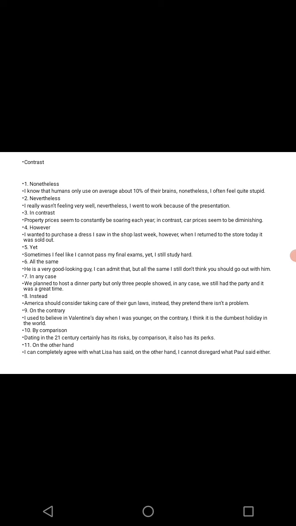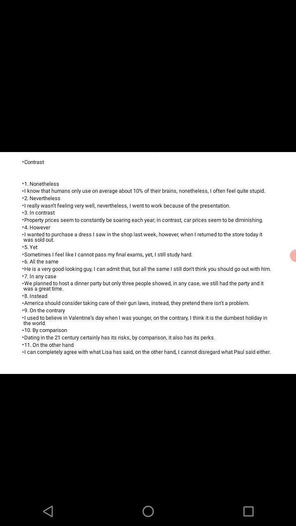Fifth is yet. Their example is: sometimes I feel like I can't pass my final exam, yet I still study hard. Sixth is all the same. Their example is: he is a very good looking guy. I can admit that, but all the same, I still don't think you should go out with him. Seventh is in any case. Their example is: we planned to host a dinner party, but only three people showed.